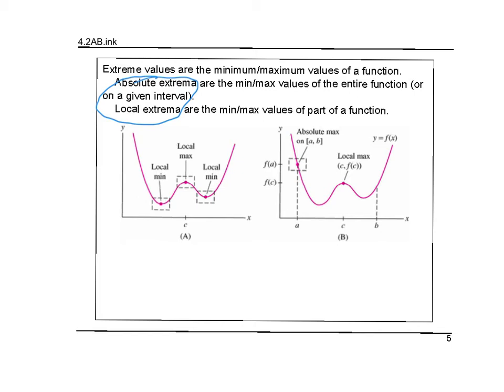Is it the largest value everywhere, or is it a local, just a turning point? We usually use turning points the most. But sometimes our absolute is helpful as well. Okay? So again, absolute is the largest point on a set interval, mostly the entire function, and then local is just within that region, just where that turning point is.